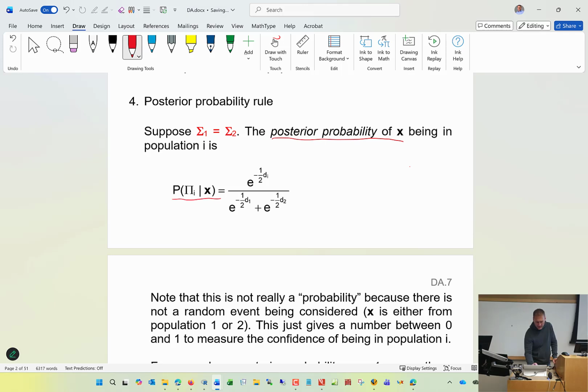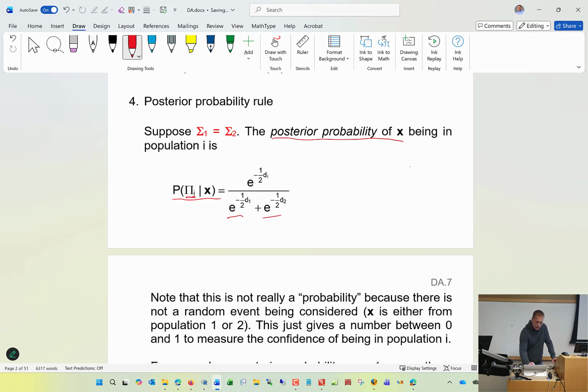The probability of, let's say, being from population i, given what the value of X is, that probability is equal to, use the exponential function, -1/2 times that distance, divided by the same quantity, but now for both distance 1 and distance 2.